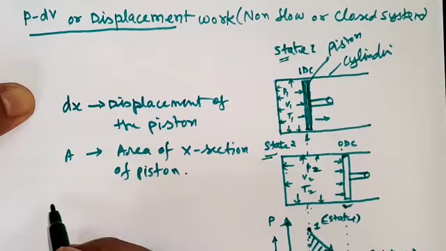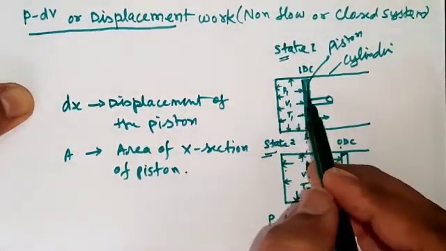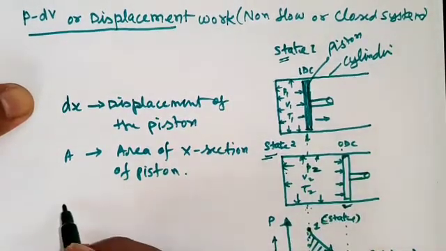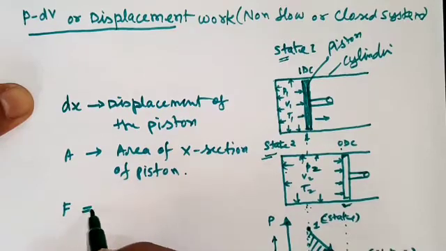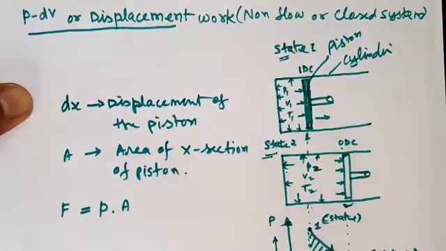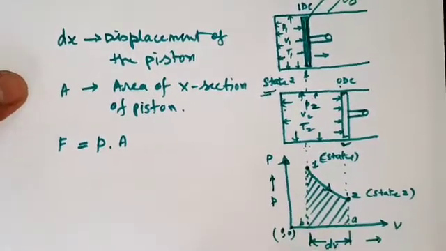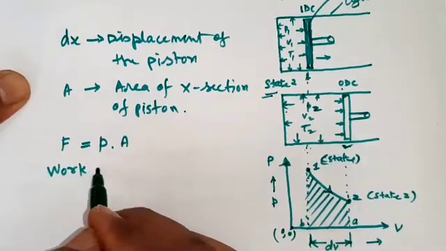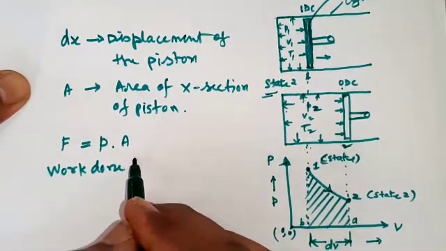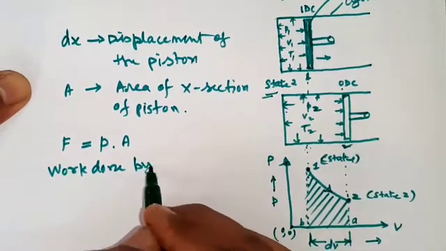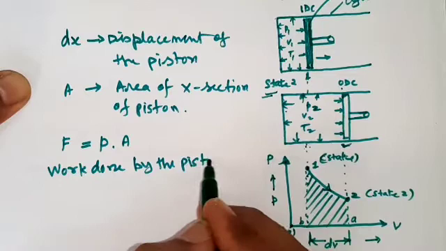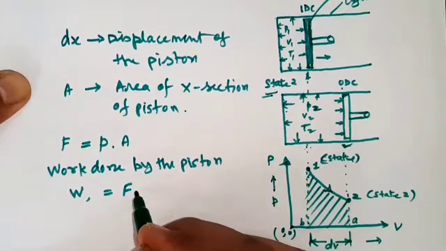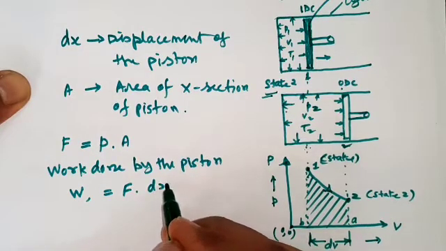Then we can say force exerted on this piston by the gases, F, is equal to P dot A. Okay, then we can say work done by the piston, W, is equal to force into displacement, F dx.